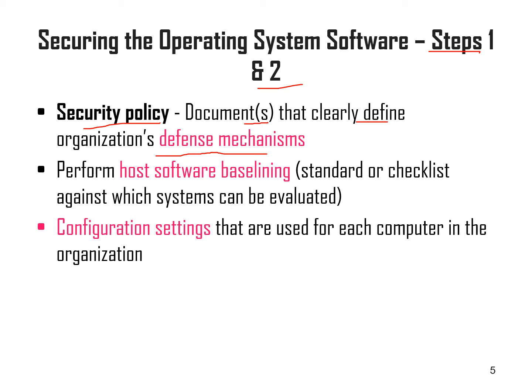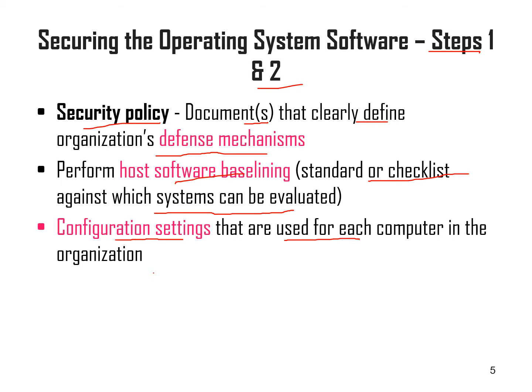The second step is the host software baseline, which is a standard or checklist against which the systems can be evaluated. Every system has its own checklist, and based upon that checklist, the systems can be evaluated, along with the configuration settings used for each computer in the organization.